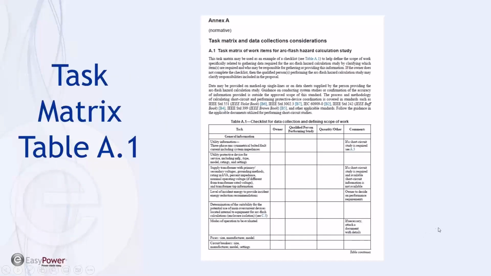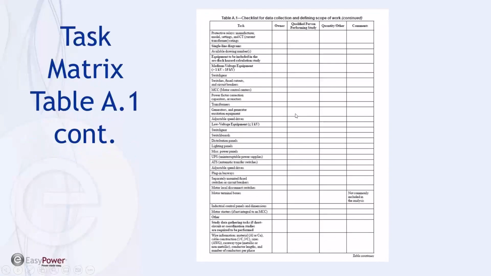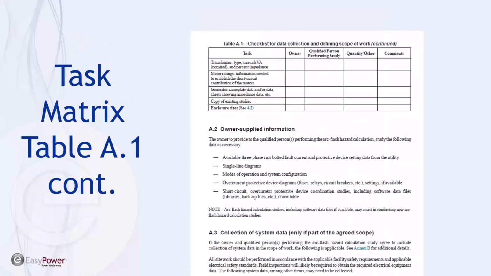And again, A1 is the task matrix and data collection considerations, and it is a very much in-depth, detailed list of what needs to be done. And having this discussion beforehand, I think, helps a facility owner who's contracting out the work to understand why the effort and the hours involved are substantial.